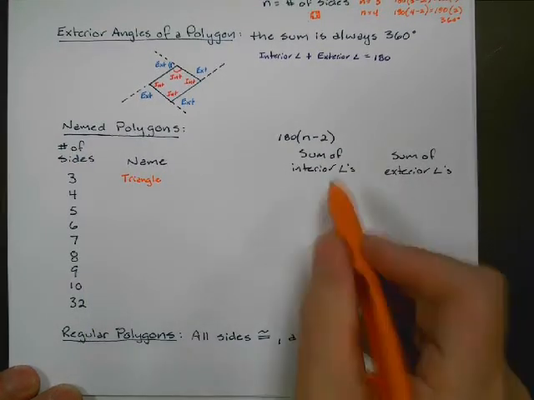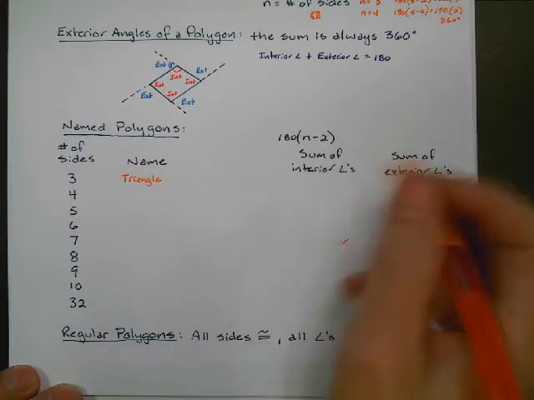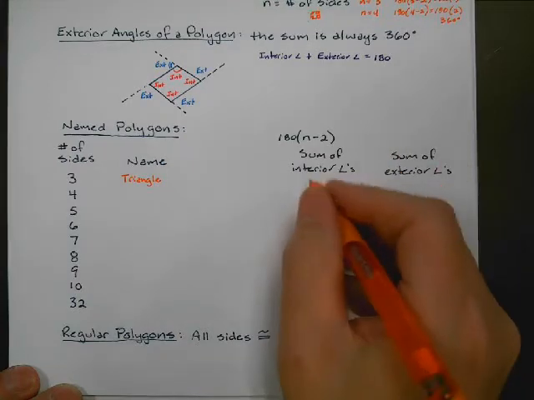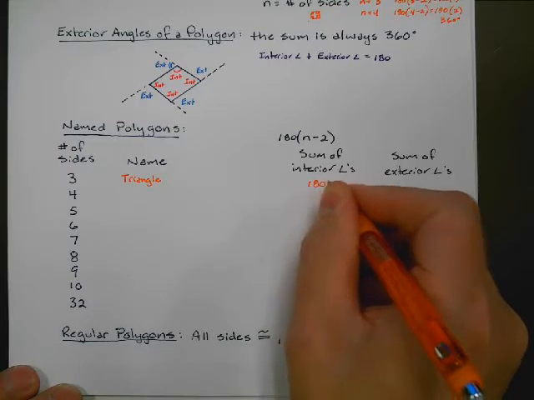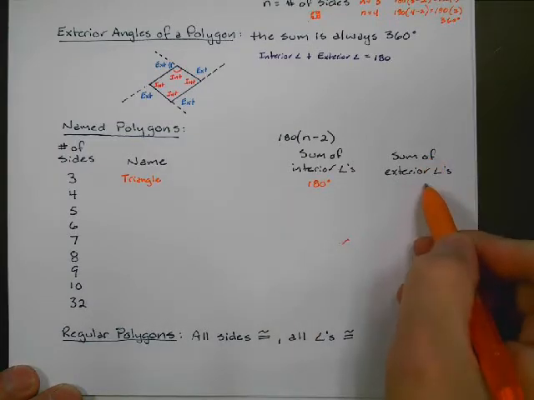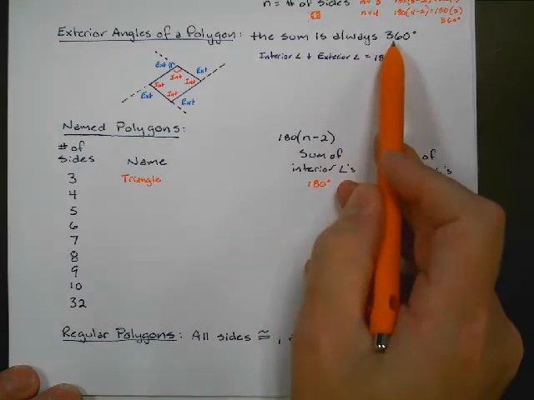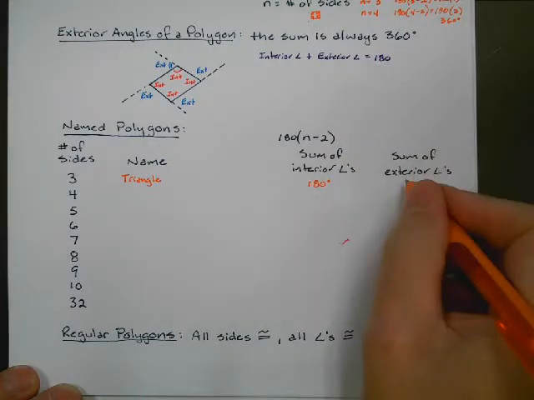Okay, what's the sum of the interior angles? We know by the polygon angle sum theorem, or the triangle sum theorem, this is going to be 180 degrees. What's the sum of its exterior angles? Well, we said earlier, the sum of the exterior angles was always 360.